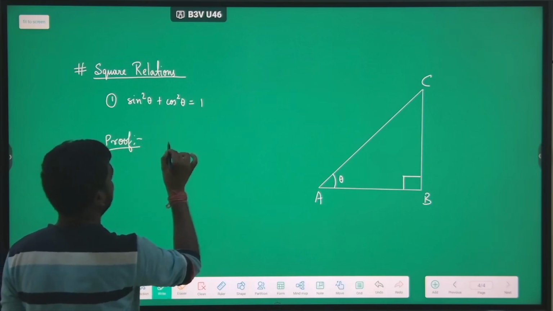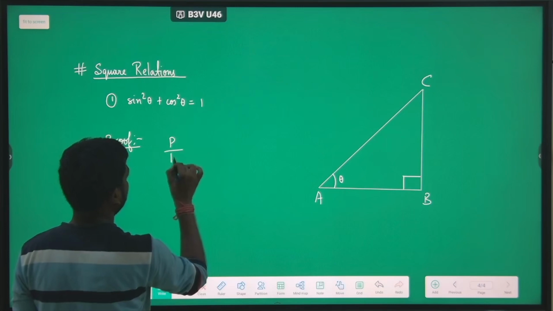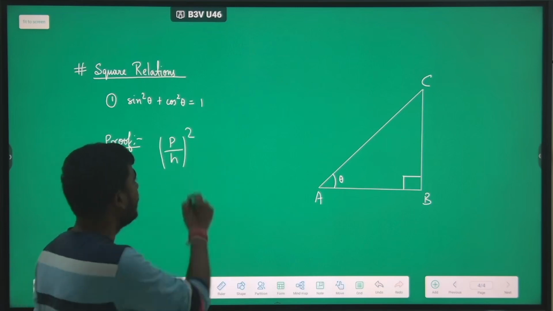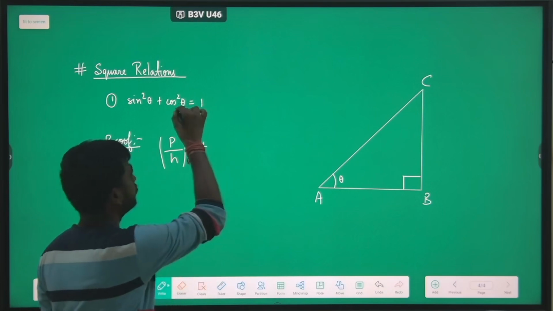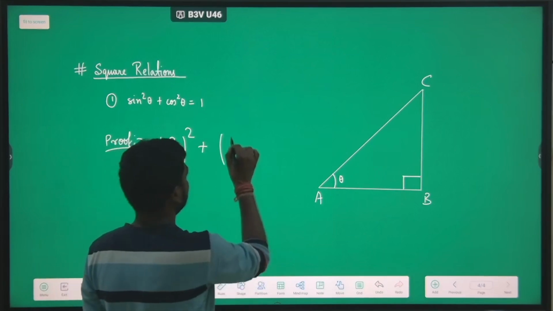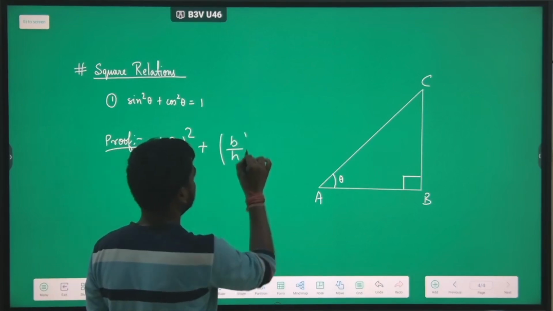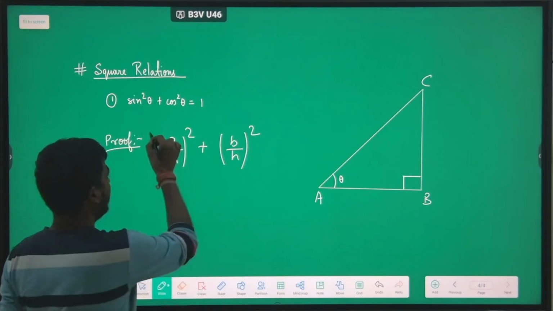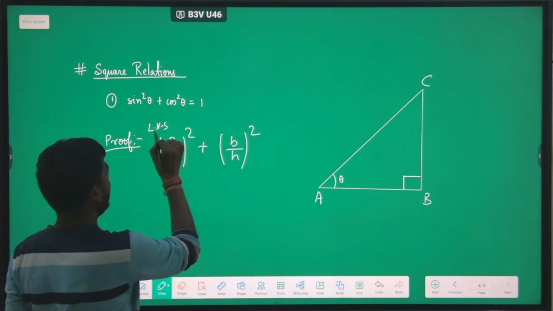Sin square theta is what? It is actually P upon H, that is perpendicular upon hypotenuse, whole square. Similarly, cosine square theta is B upon H, that means base upon hypotenuse, whole square. This is our LHS, left hand side part.